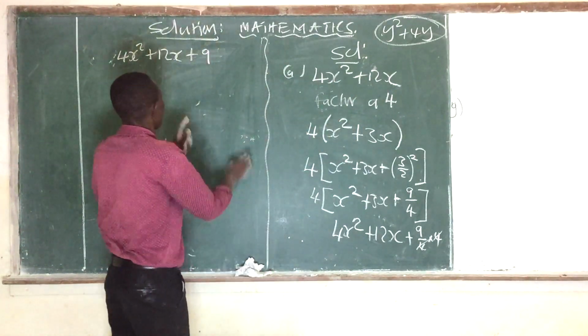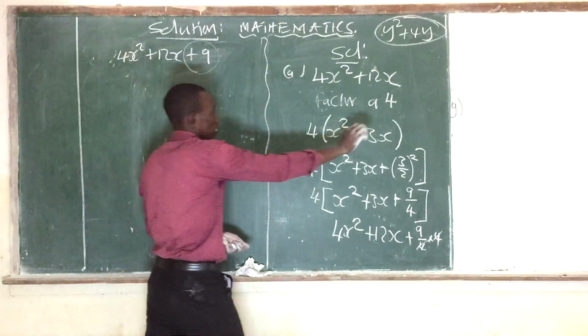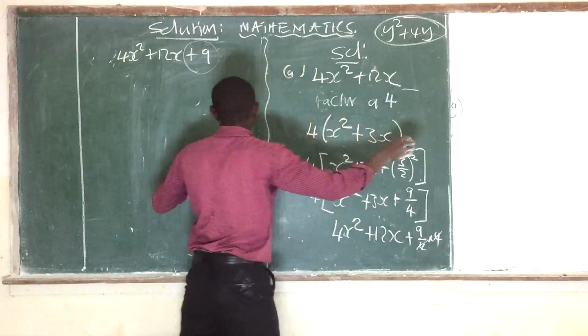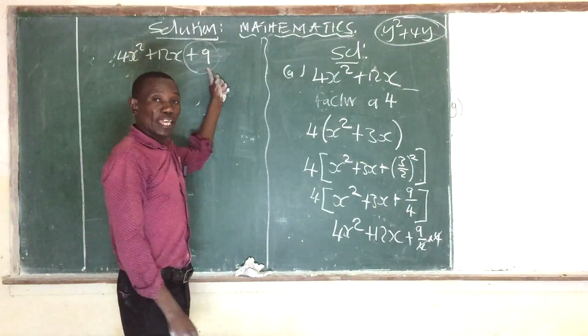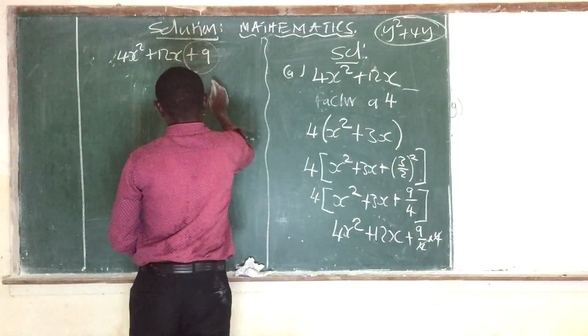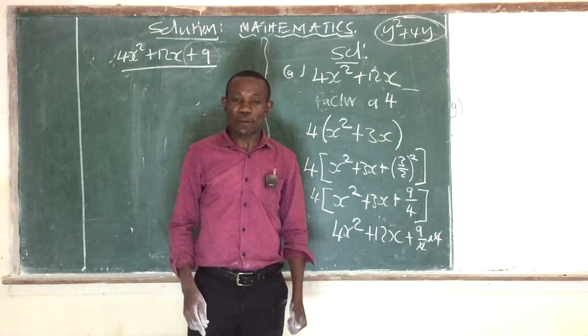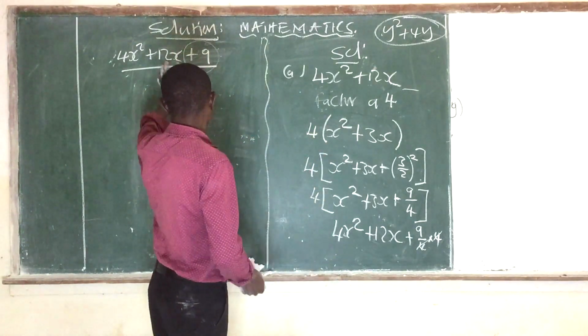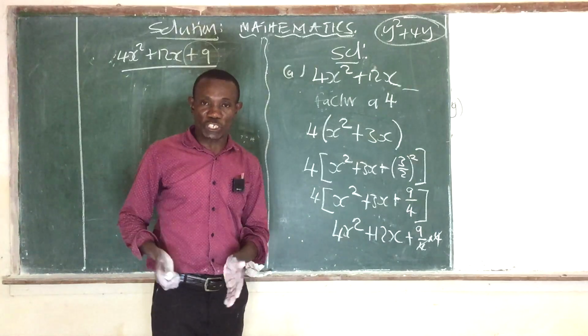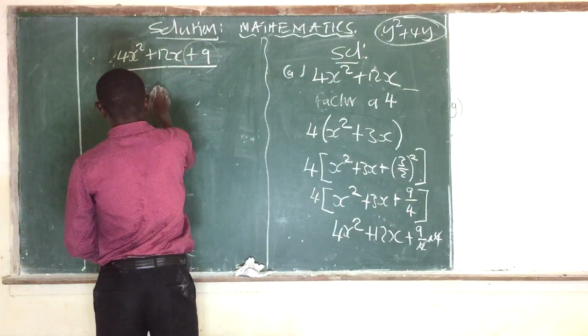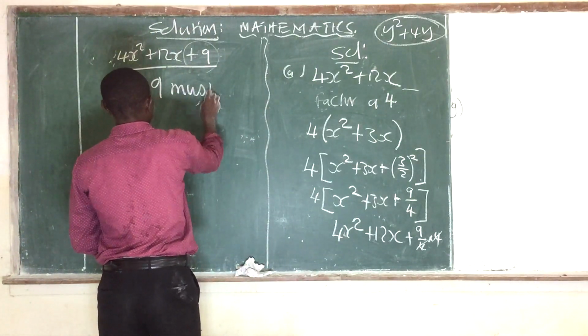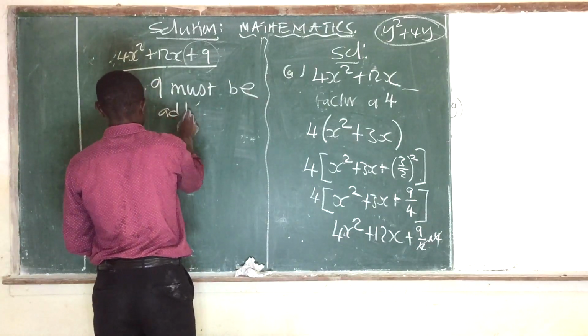But this one has an additional term, which is a 9. Here it doesn't have anything. So it tells us that to this one we must add a 9. If you try to factorize this by the method we discussed that time, you will find the factors you obtain are identical. As such, you say 9 must be added.